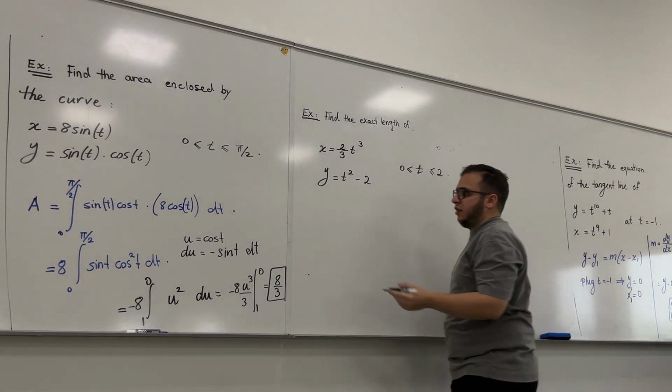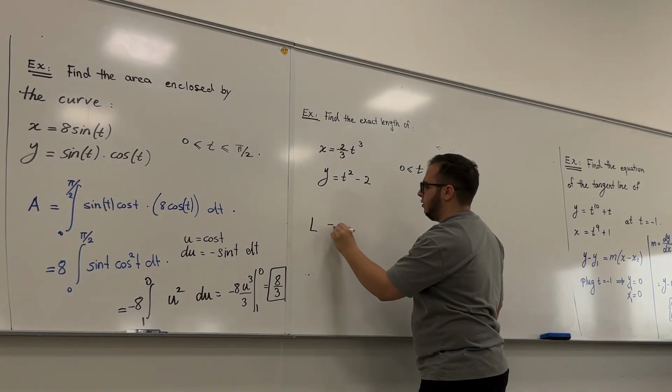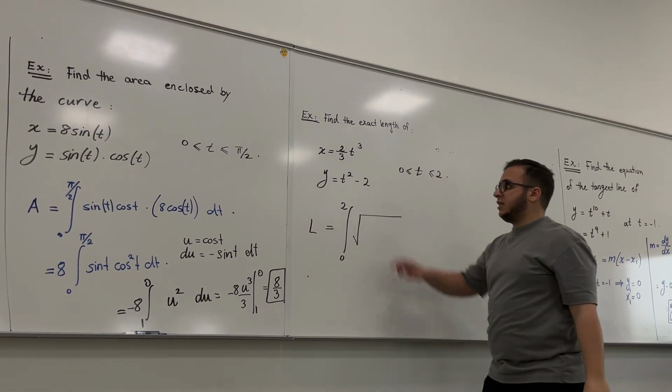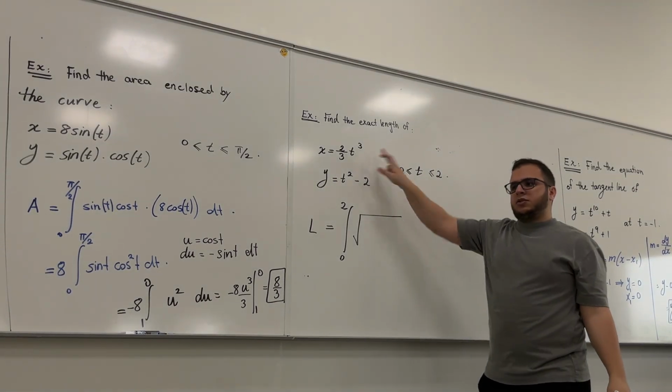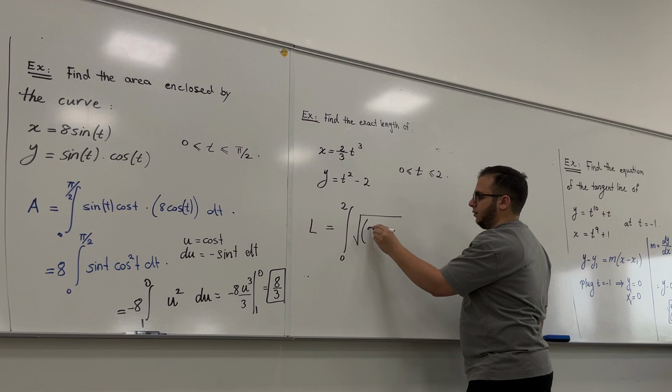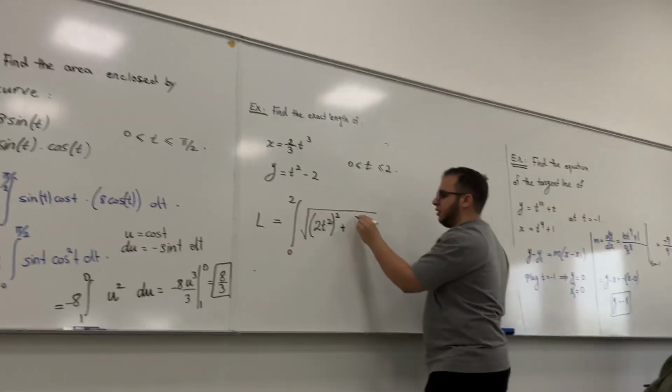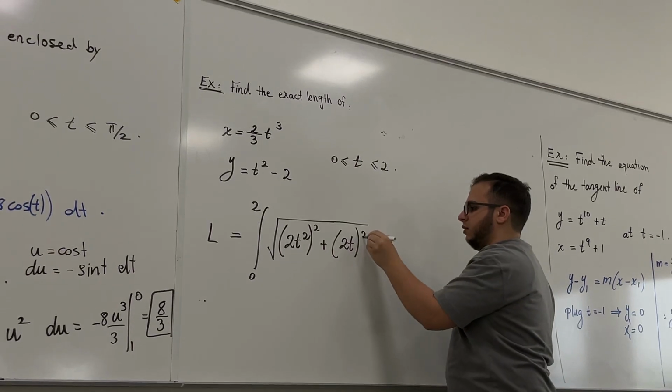Okay? Apply the formula directly. L equals the integration from a to b of the square root of dx dt squared, how much is it? 2t squared, right? So take the derivative. Plus dy dt squared dt.